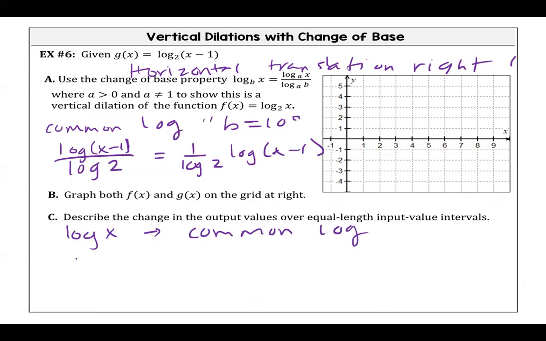And with the common log, for your x values, you're adding 1, right, if I need to go to the right. And for all your y values, you're dividing by log 2. And that's how that shift will happen. See it? Do we see the pattern?